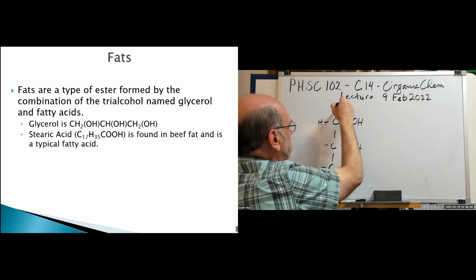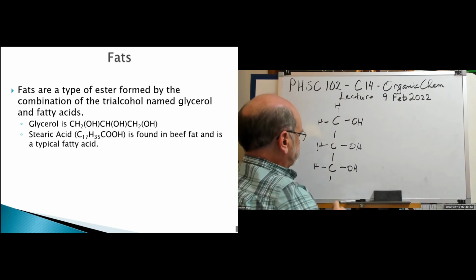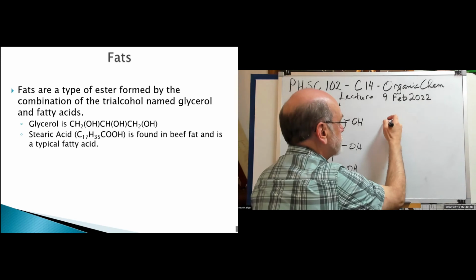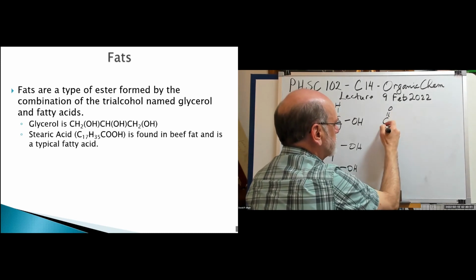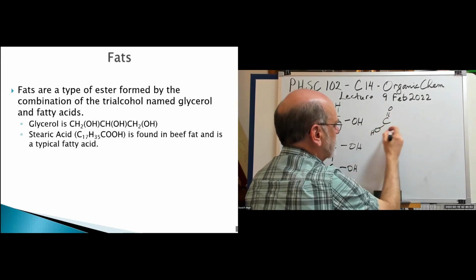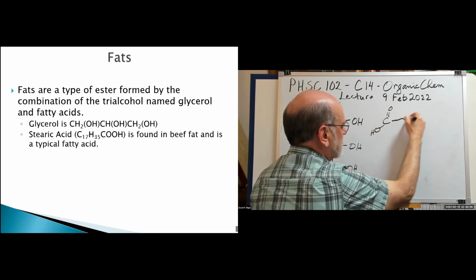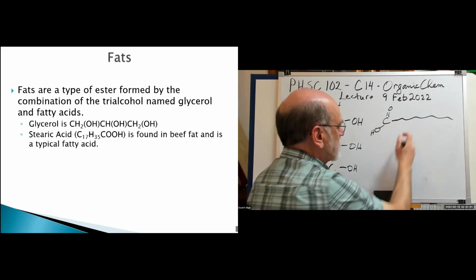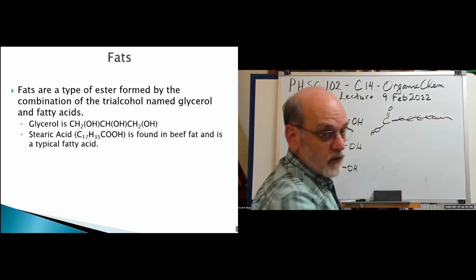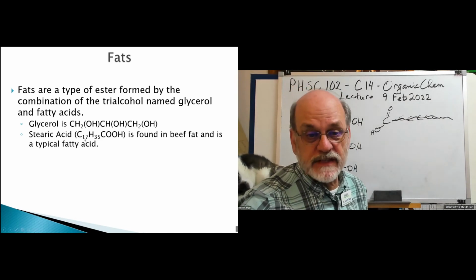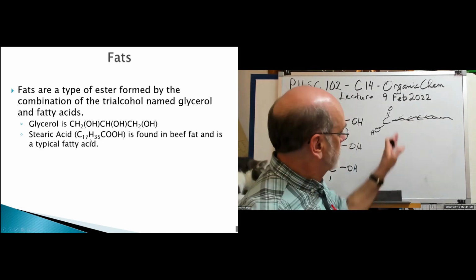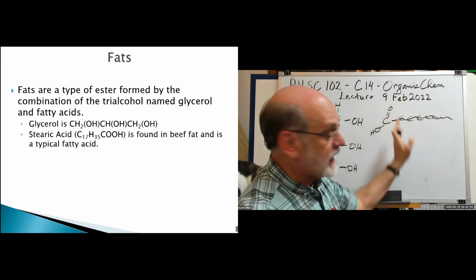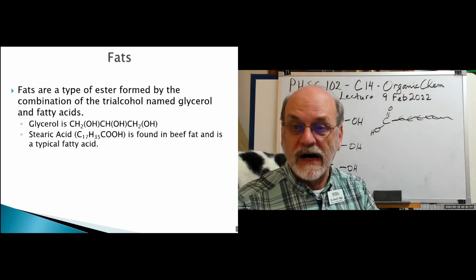Okay, that's glycerol. Now, if you get a fatty acid, then you'll have this, right? And then a long chain of hydrocarbon. So it'll go like C, C, C, C, C, however many you need. In the case of stearic acid, you have 17 carbons bound to carbons in a chain, but hydrogens on either side to make up the 4 bonds.